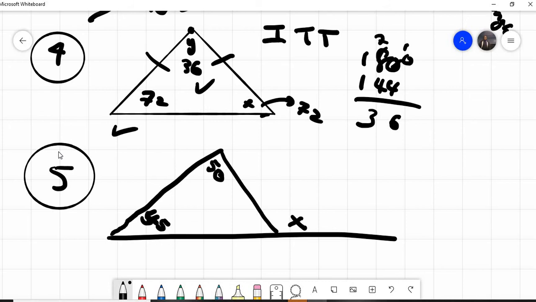Exterior angle theorem. So we're gonna get what they call exterior angle theorem.